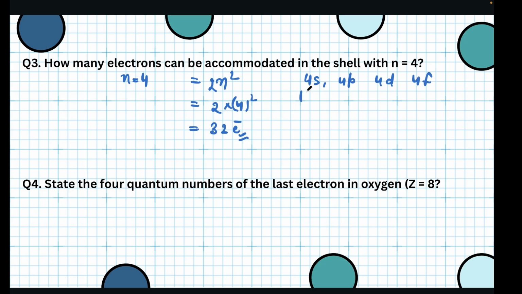And for the fourth shell, possible subshells are 4s, 4p, 4d and 4f. As we know, there is 1 orbital in the s subshell, there are 3 orbitals in the p subshell, there are 5 orbitals in d, and there will be 7 orbitals in f.